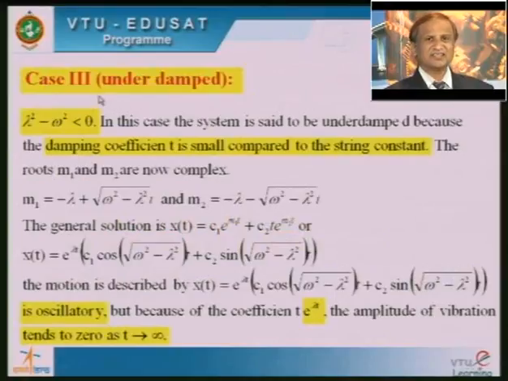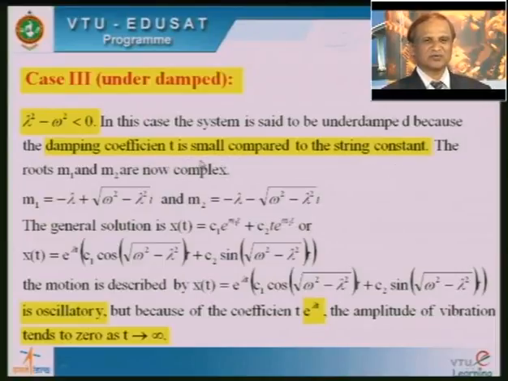Friends, in exactly the similar way, now we can define one more form, namely underdamped, right. So, when we call it underdamped, as usual we want to find out the lambda square minus omega square value. Suppose it is less than 0, is it clear? In this case, the system is said to be underdamped because the damping coefficient is small compared to the spring constant, is it clear?